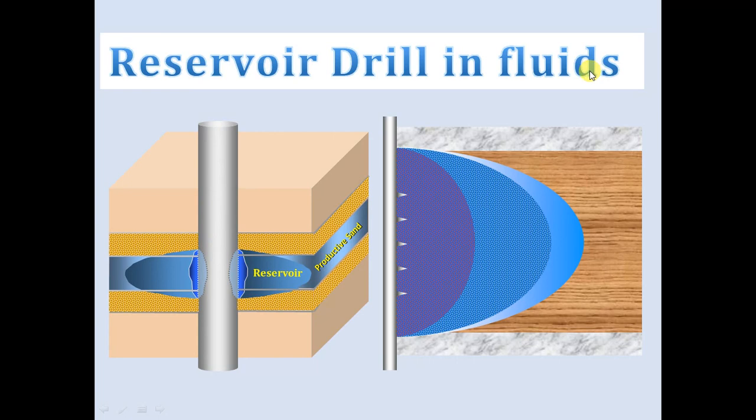Actually, if we try to drill any well, why do we drill the well? In order finally to get the production of oil. So if we have drilled the well and finally we damaged the reservoir, we will not get good results, and we will lose a lot of money.